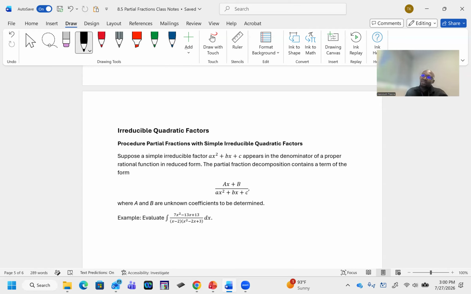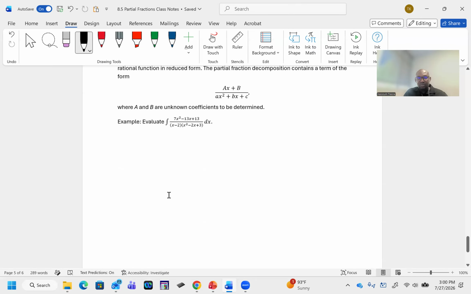So for this example, let's go ahead and, for example, evaluate the integral of 7x squared minus 13x plus 13 divided by x minus 2 times x squared minus 2x plus 3. So, solution, right?